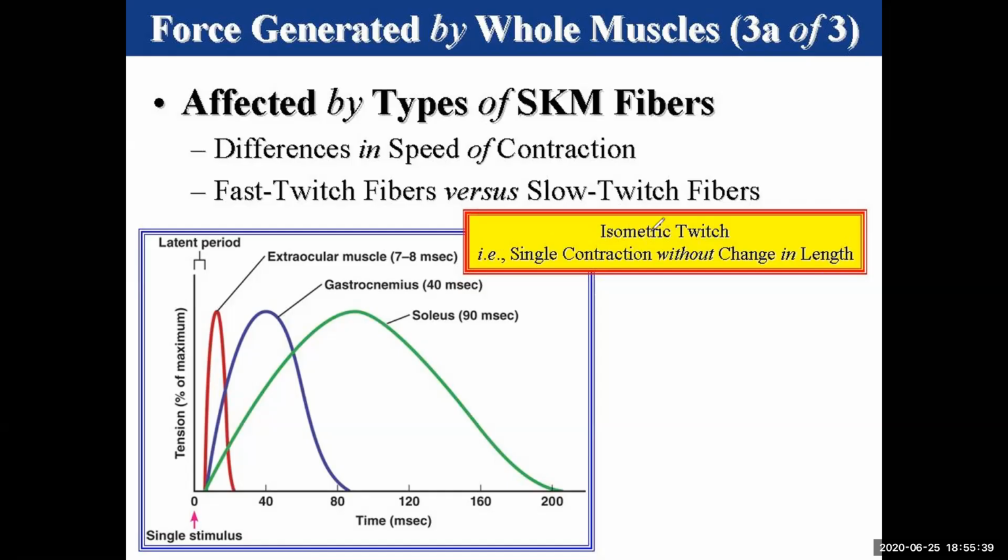So again, one more time, isometric. Iso means the same. Metric means length. So without change in length, that's isometric, right? So iso means the same. Same means without change.